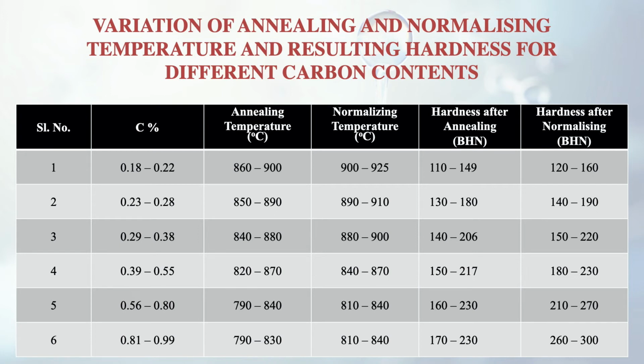So they are in a close range, but normalizing is always somewhat higher than annealing. Similarly, the Brinell hardness number is given in the case of the 0.18 to 0.22% carbon range. 110 to 149 is the hardness range for the annealing process, and for normalizing it is 120 to 160. So here also normalizing is giving somewhat better results. This will be similar in all other carbon percentage ranges of various steels.